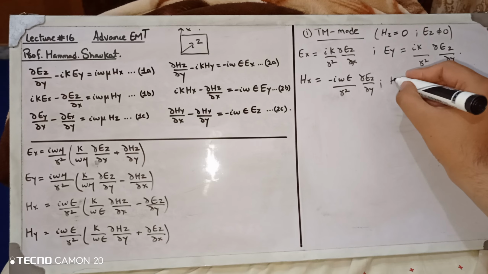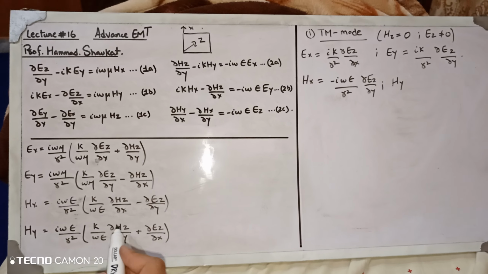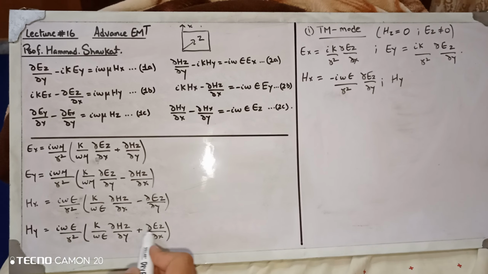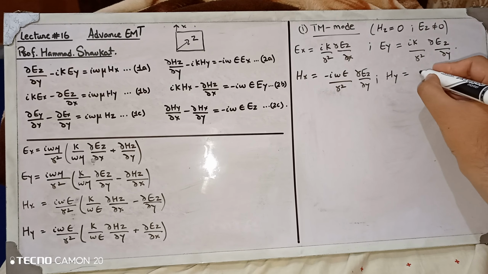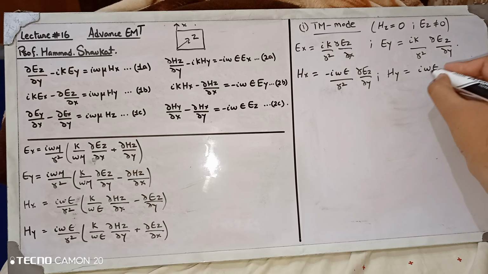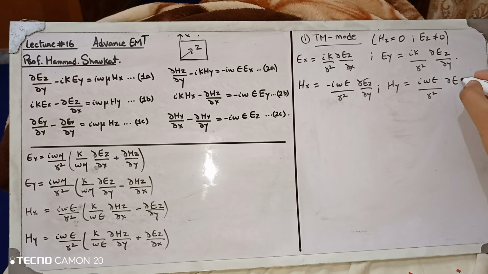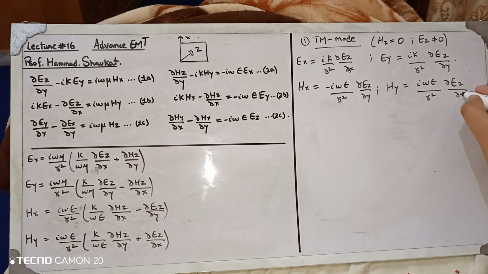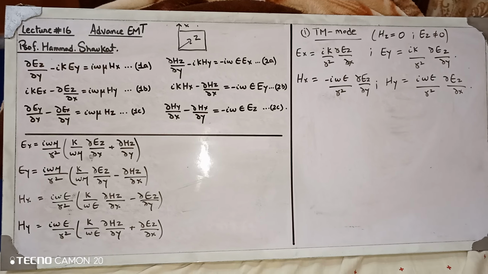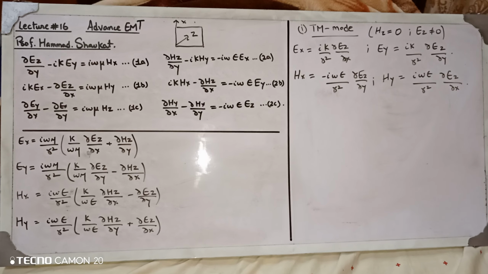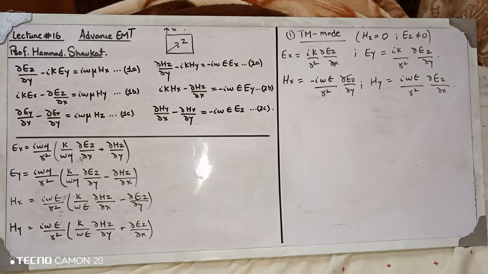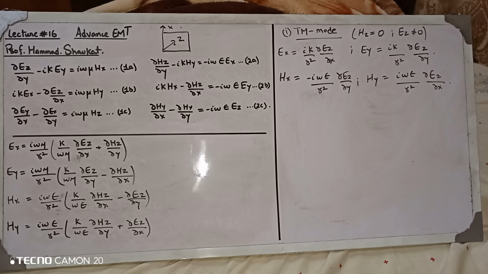Similarly, for H of y, this term becomes 0, this multiplied by this, so you will be left with iota omega epsilon divided by r square multiplied by partial Ez divided by partial x. So these are the expressions of Ex, Ey, Hx and Hy in TM mode.